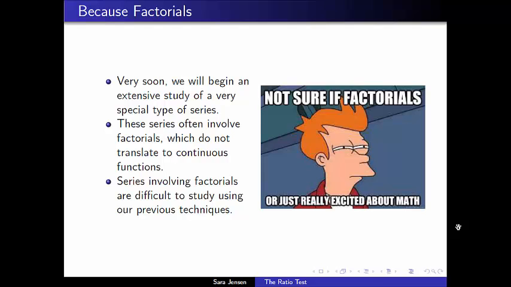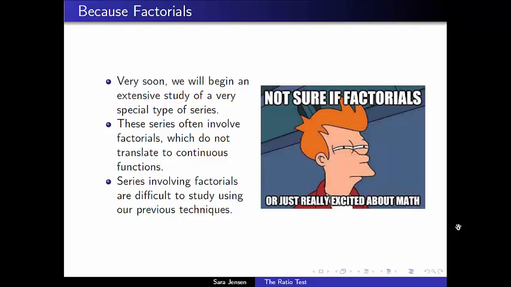And once we get to that very big application of infinite series, the types of series that come up naturally there tend to involve a lot of factorials. So in the future, we're really going to need to have some good machinery for dealing with infinite series that have a factorial somewhere in the addend. And all of the types of tests we've studied so far are not particularly good at handling factorials.